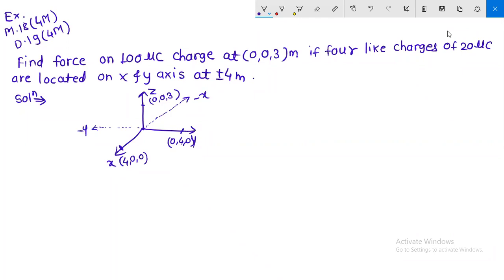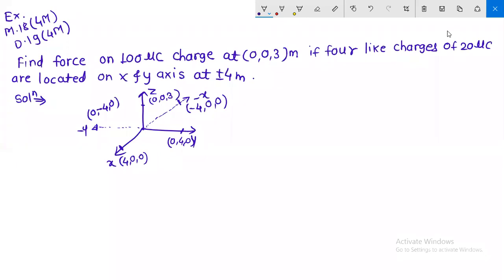Now, at minus x-axis, the charge is located, and what will be the coordinate of that point? Minus 4, 0, 0. Correct. And on minus y-axis, the coordinates will be 0, minus 4, 0. Correct.